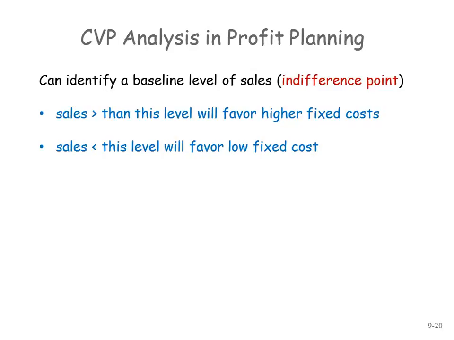Do you want more fixed costs or more variable costs? And you want more fixed costs if you have a stable business. Some businesses have a lot of fixed costs. Nuclear energy, a lot of fixed costs. So you need to figure out the level of sales that would favor fixed costs.